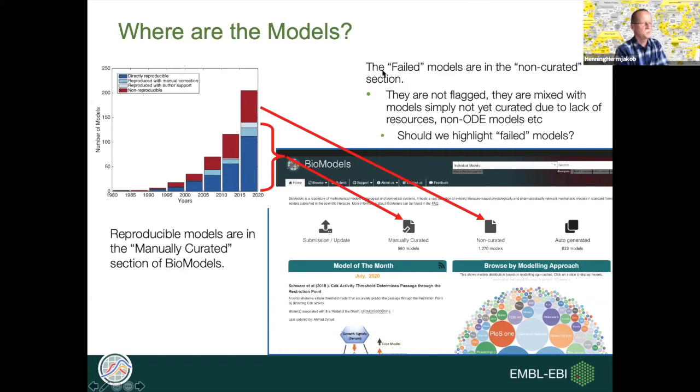And this is something where we would be very interested in community input, if we should come up with some kind of stars system or whatever to highlight successful models, which we are doing, but also to, let's say, warn of models where we could not reproduce them. Because it's not mandatory to submit a model when you publish it.